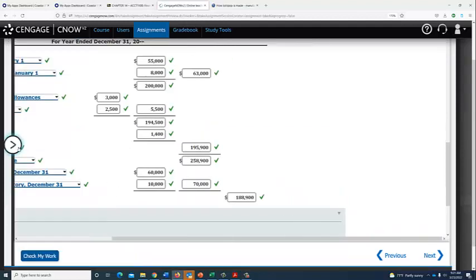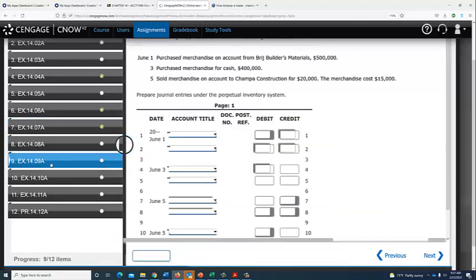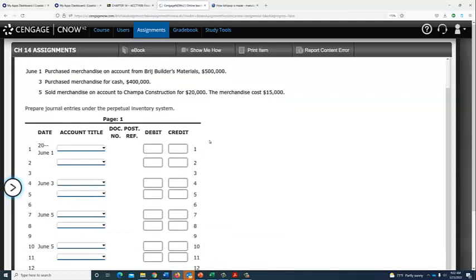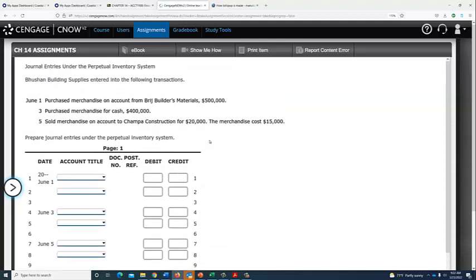Next we'll look at exercise 9 that deals with the perpetual inventory system. So this is just a review of the perpetual journal entries when we purchase merchandise and when we sell it. So on June 1st, we purchased merchandise on account from Bridge Builders Material.